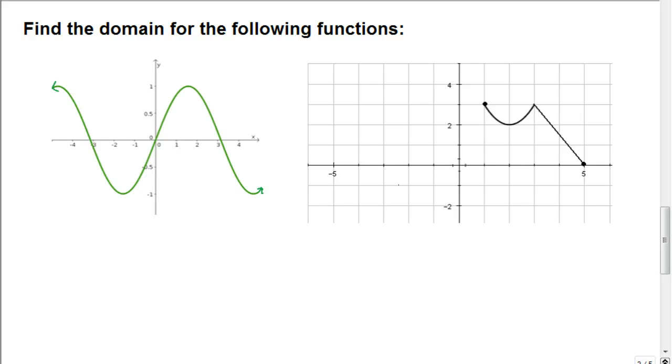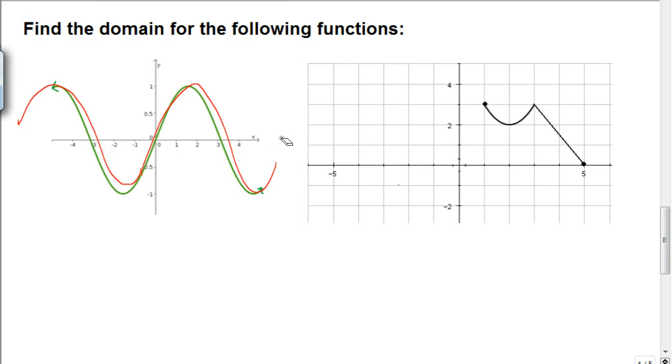Okay, so if we look at this first graph, this is what we call a sine wave, but it's got arrows on the end of it, meaning that it continues to go in both directions. In fact, it continues this pattern over and over again. So you can see that as we follow this graph along the x-axis, it continues to go in the negative direction, and as we follow this along the x-axis, we see it continues to go in the positive direction.